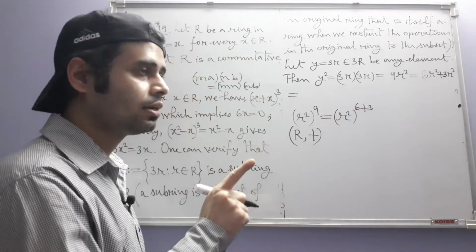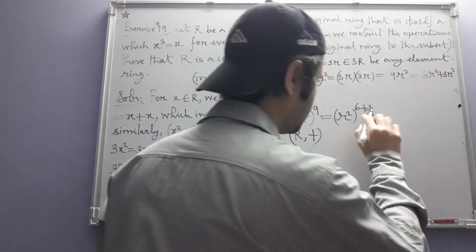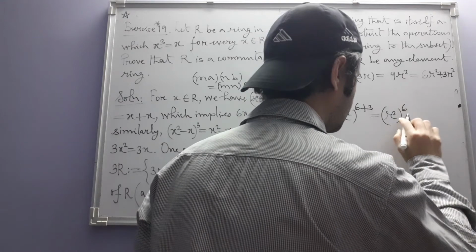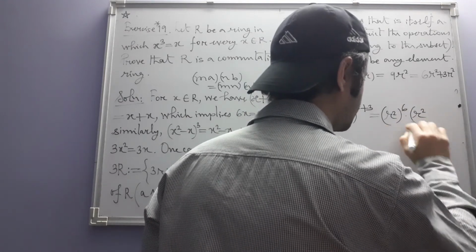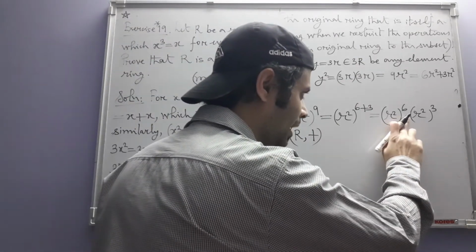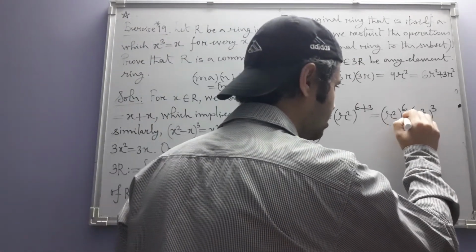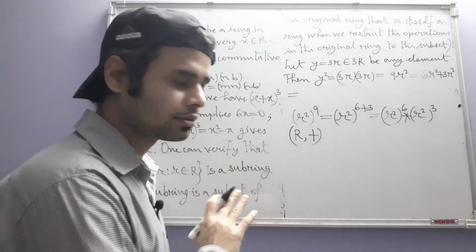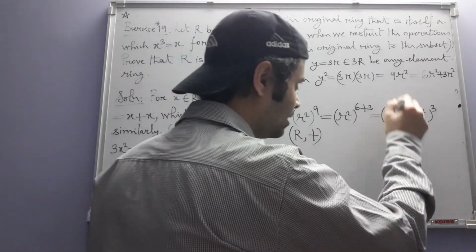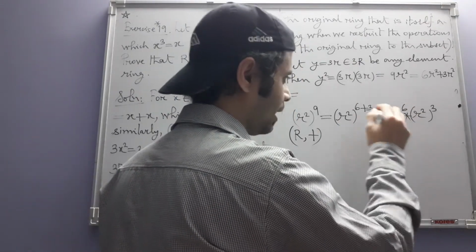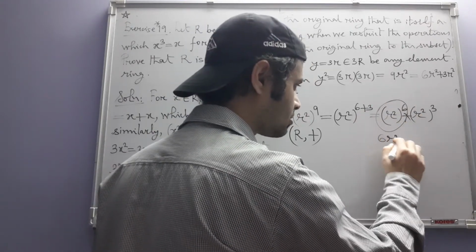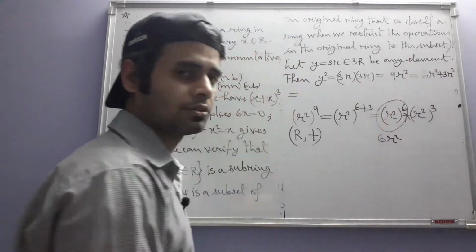So by using one of the laws of exponent that is available in group theory, this is equal to r square to the power 6 times r square cube. Okay, and this times that we are writing is actually the binary operation that is there. That is, we are not writing anything in its place. When you include the binary operation and in place of writing this you write 6r square, you get 6r square plus 3r square. That's why.